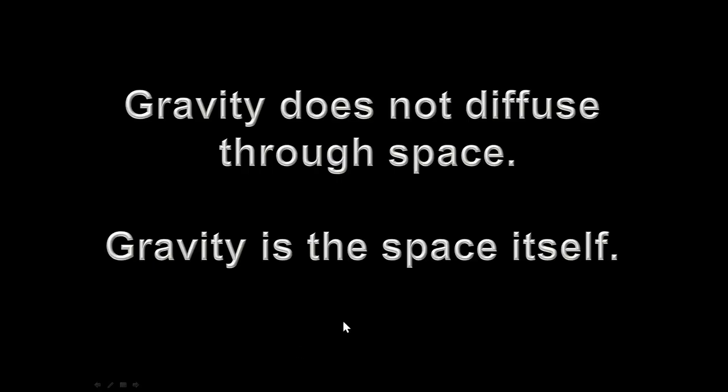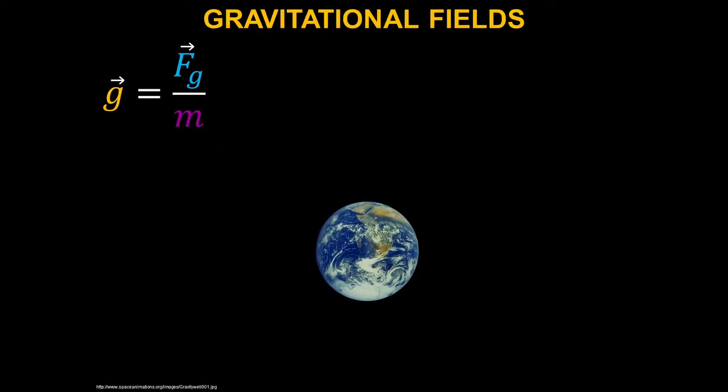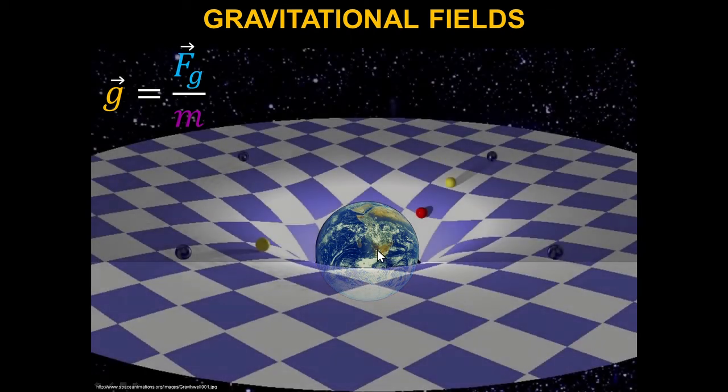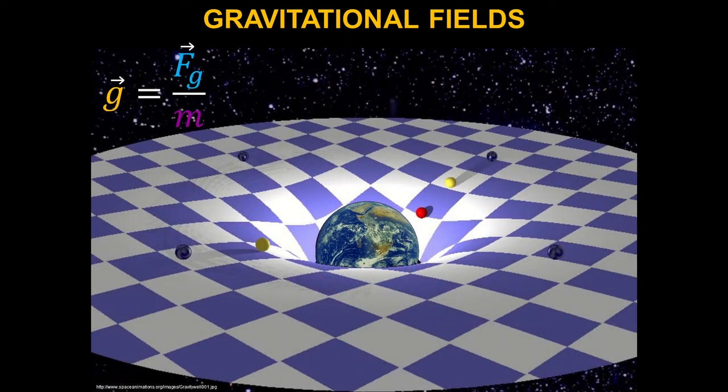Newton thought that gravity permeated and diffused through space, that gravity shone out there like a light bulb. But Einstein was able to show that gravity does not diffuse through space. Gravity is the space itself. The presence of Earth's mass warps the space around it, and the space now puts force on other masses.